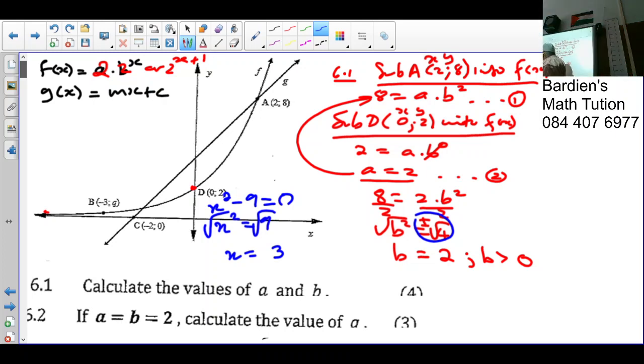So, whenever we apply any even root, square root, fourth root, sixth root, we're going to add a plus minus, so as to pick up the other solution that we have omitted. Make sense, people? But in your exponential graph, we know that b can only be positive. That b will never be negative. Okay? You guys understand?